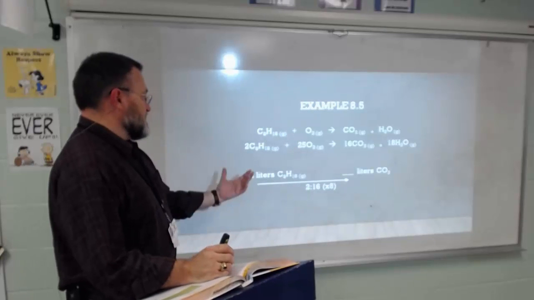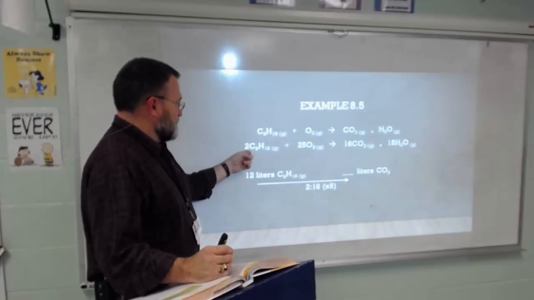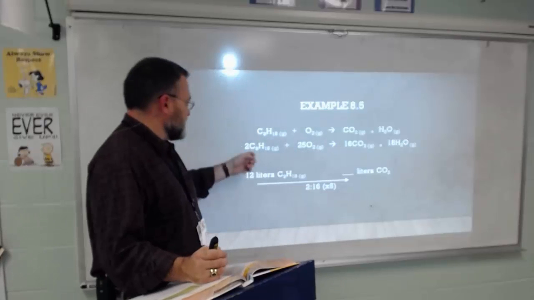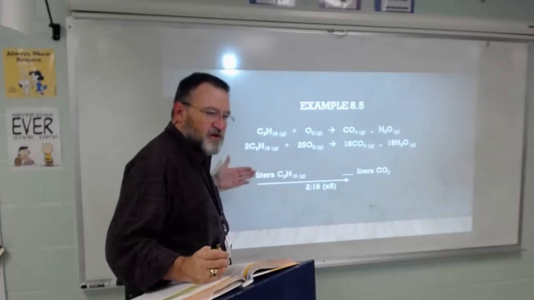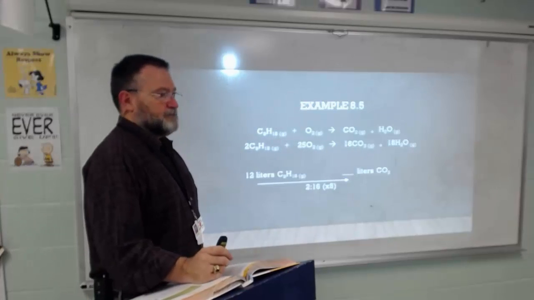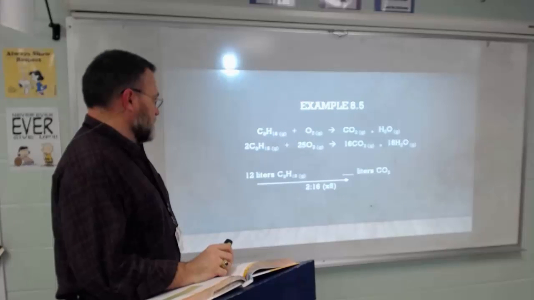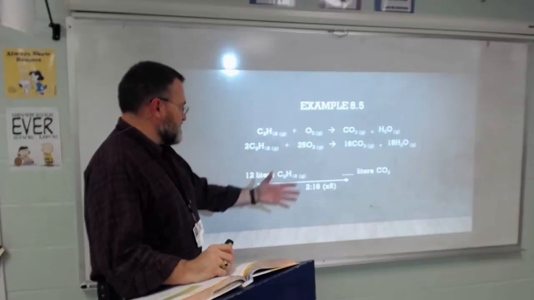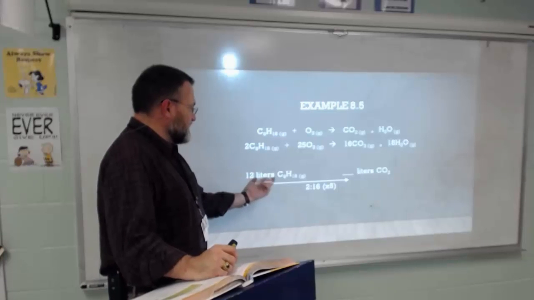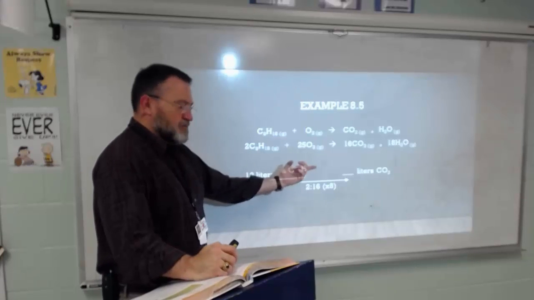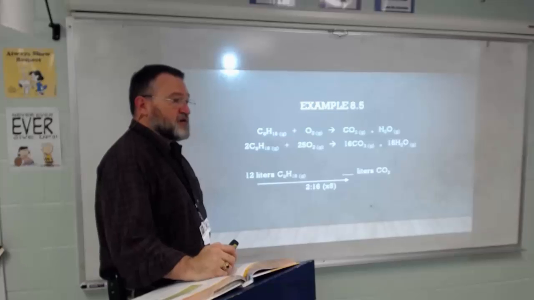Let's look up here. Does that make sense? 2 to 16. If I multiply 2 by 8, what do I get? 16. Okay, that makes sense. Because they're both gases, we can use Gay-Lussac and say, rather than moles, I'm going to use liters. 12 liters produces how many liters of carbon dioxide?